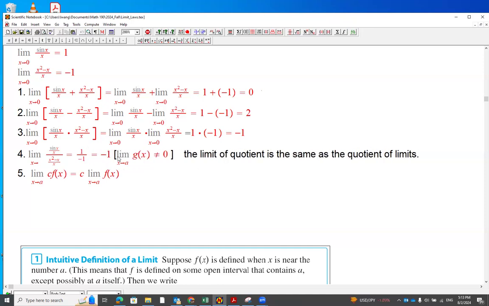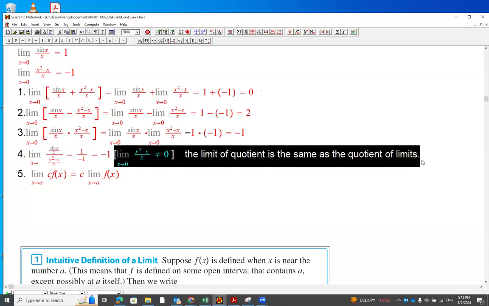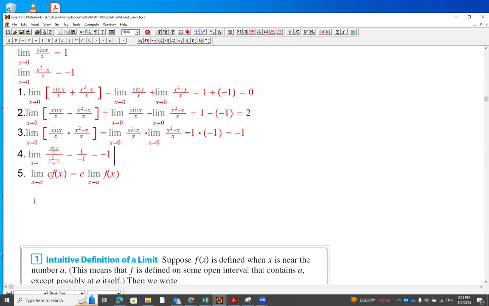And this piece certainly is guaranteed. The limit of the denominator not equal to 0 is guaranteed because it is equal to -1, so we don't even need to mention that.